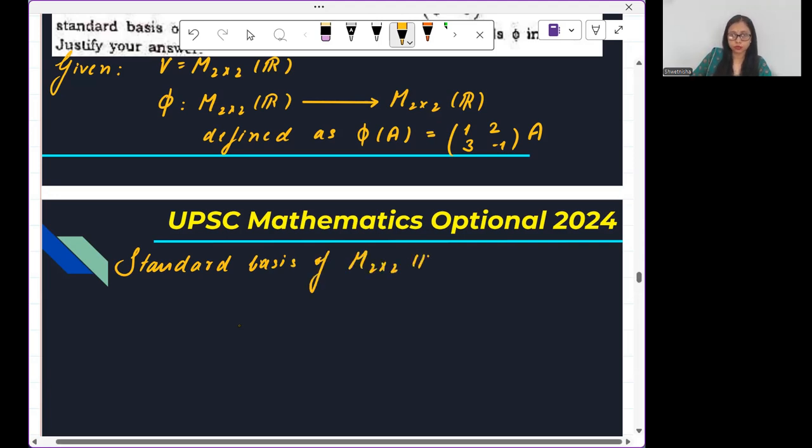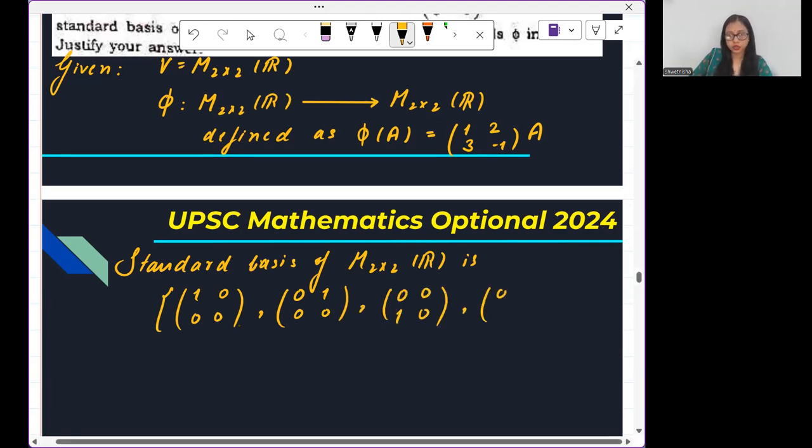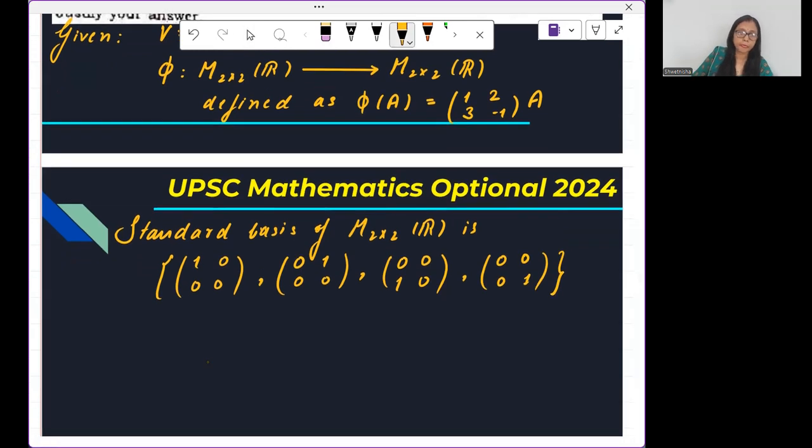So standard basis of M2 cross 2 is the set containing 1, 0, 0, 0; 0, 1, 0, 0; 0, 0, 1, 0; and 0, 0, 0, 1. Now, what is phi of 1, 0, 0, 0?